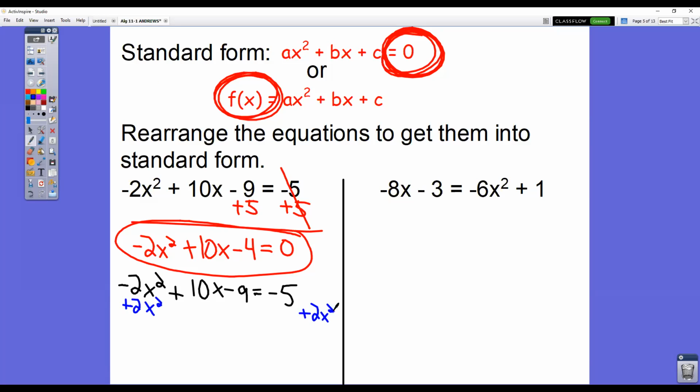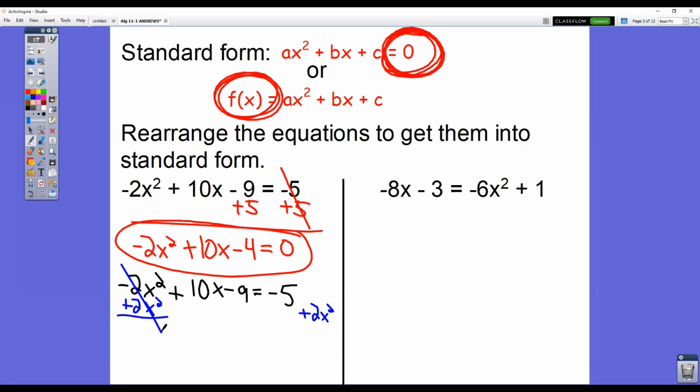You want to line up your similar exponents, all right? Notice that when I did the first one, I put the plain number under the plain number. I didn't put the +5 under the 10x. I didn't put the +5 under the x squareds. You want to line up x squareds with x squareds, x's with x's, plain numbers with plain numbers.